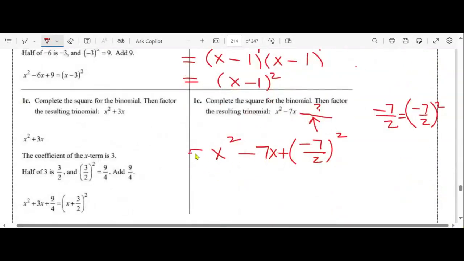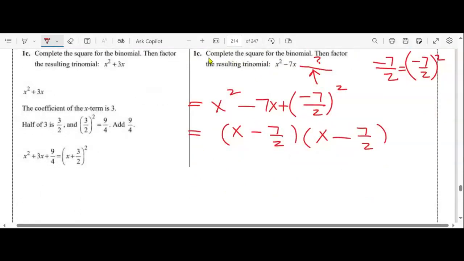What's the factor of this one? x and x, right? -7/2. Yes, -7/2. Because it said here, complete the square of the binomial, factor the resulting trinomial. So we need to factor it. So you get x minus 7/2. Is this clear? Yeah.